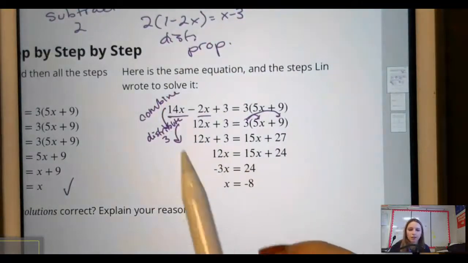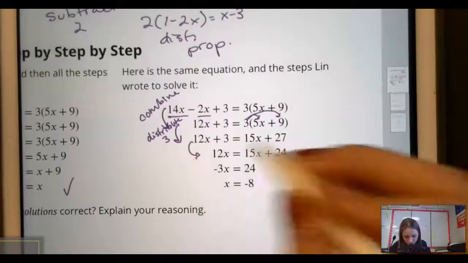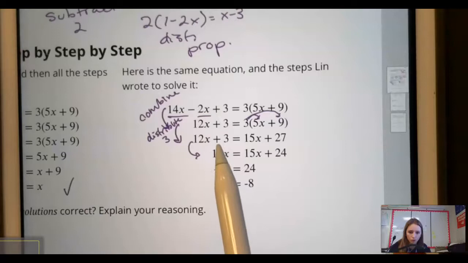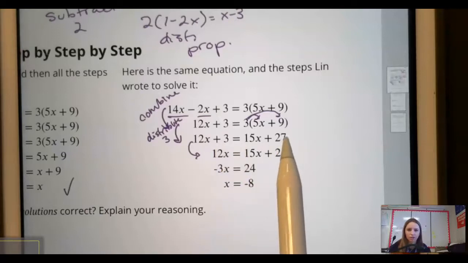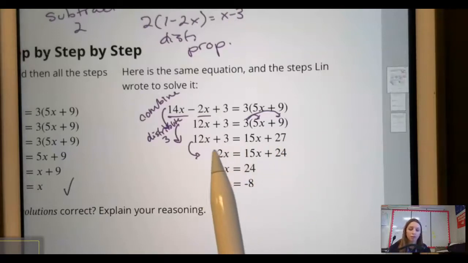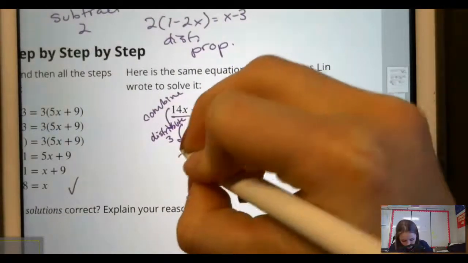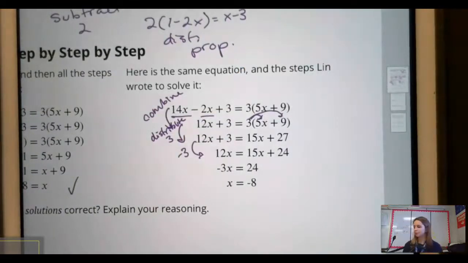Now let's see what happens next. Well, I noticed that it goes from 12x plus 3 to just 12x. So if we subtract 3 from both sides, we would end up with just 12x on the left and then 24 on the right. So we're going to subtract 3 as that next step there.